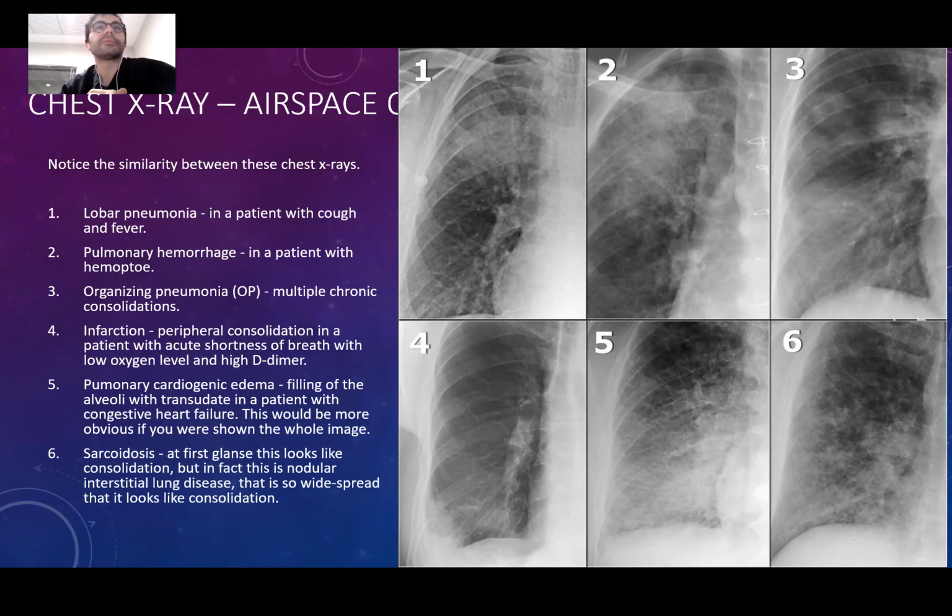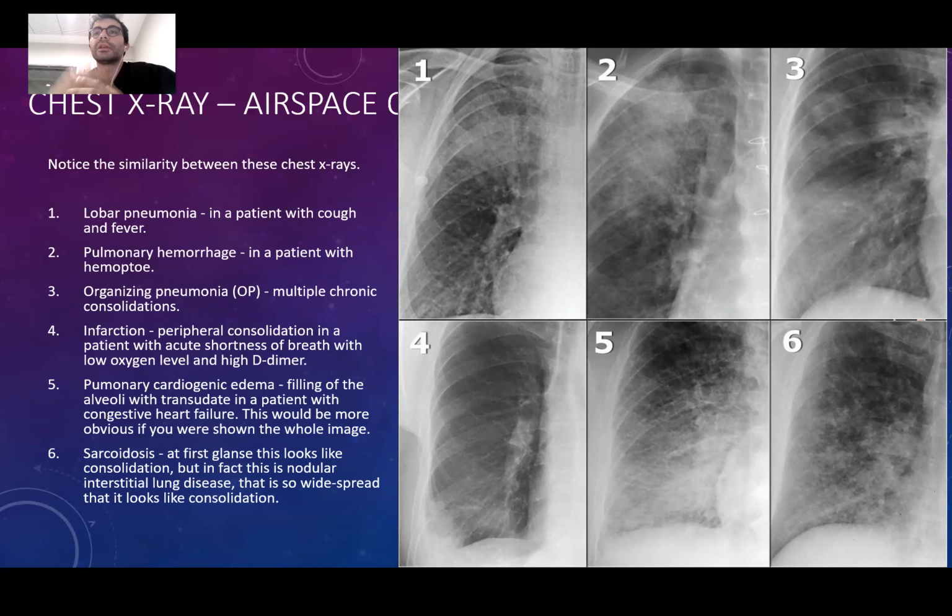Let's go over them. The first one is lobar pneumonia. Now the patient has cough and fever, so you should always think of the clinical perspective, look at the laboratory, the symptoms, and the lung X-ray to decide what can be the pathology behind this. Okay. In the case of the second, it's a pulmonary hemorrhage case.